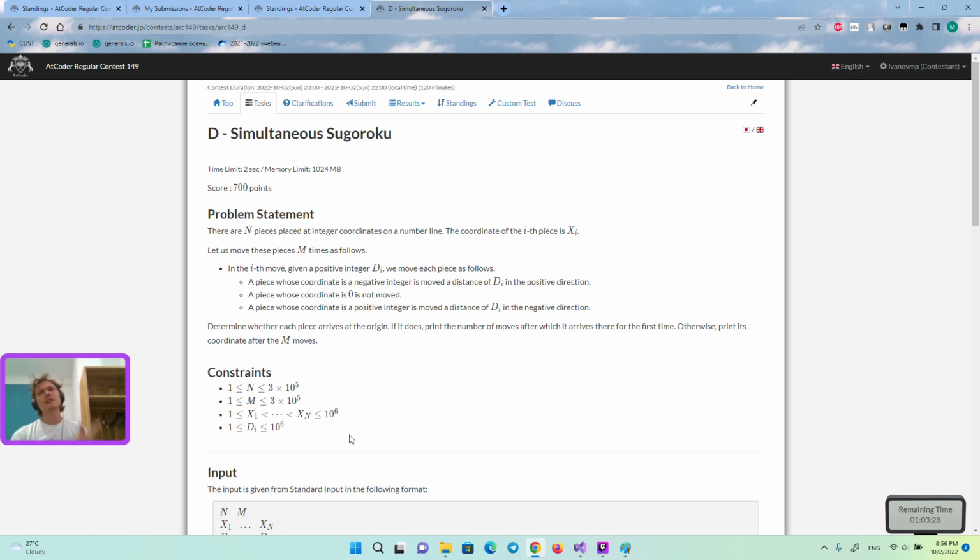Maybe we just take the median, then take some other median. Yeah, and mostly we do it in linear time, but sometimes it's not linear.